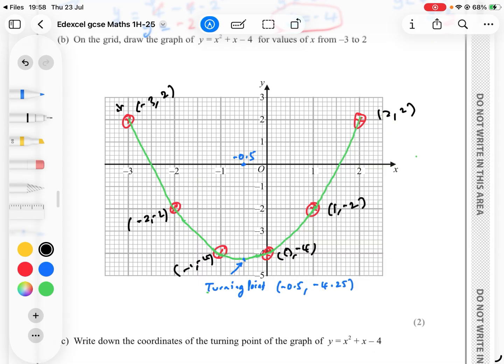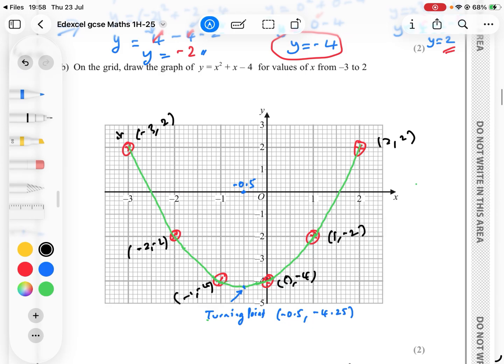Now if we join the coordinates, you'll get a nice green curve. That is the graph of y equals x squared plus x take away 4 for values of x from minus 3 to 2.